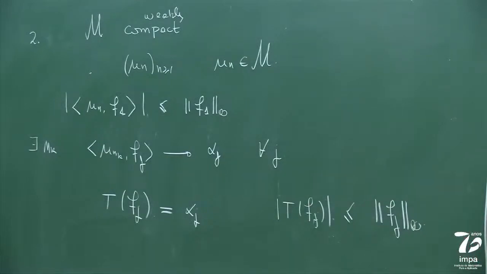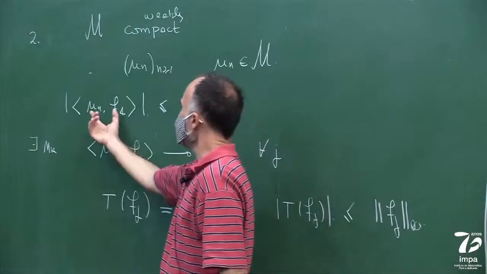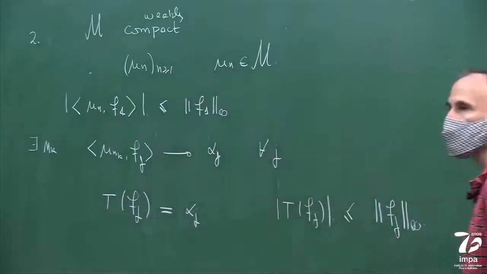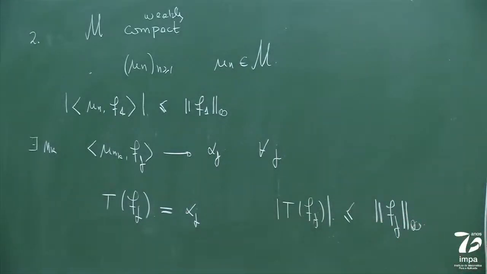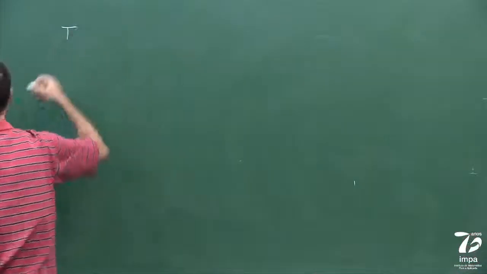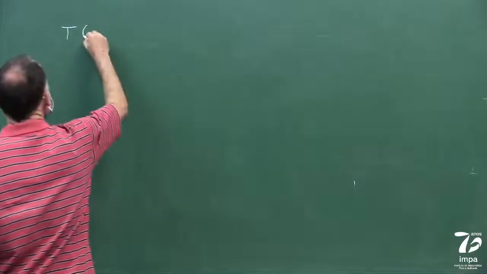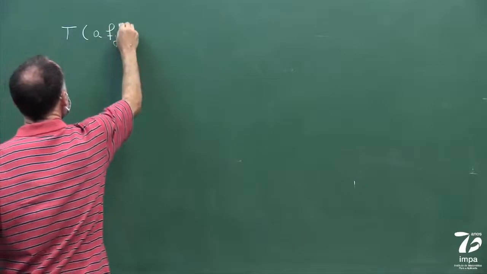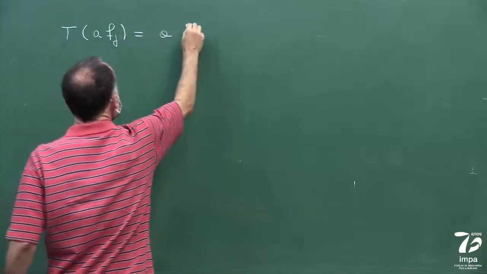Okay, I know that mu n fj is always bounded by that, so any limit will satisfy this. Okay, alpha j has this property. So t is defined in all these fj. It's linear. So let me extend it by saying that t of a fj is equal to a t of fj.